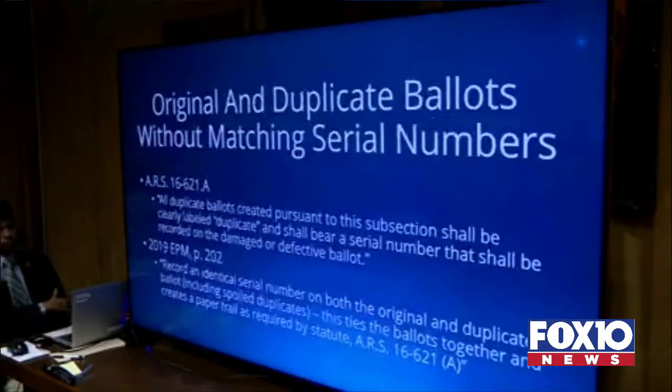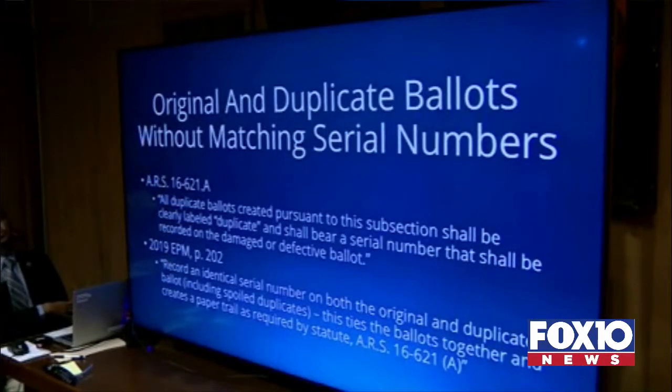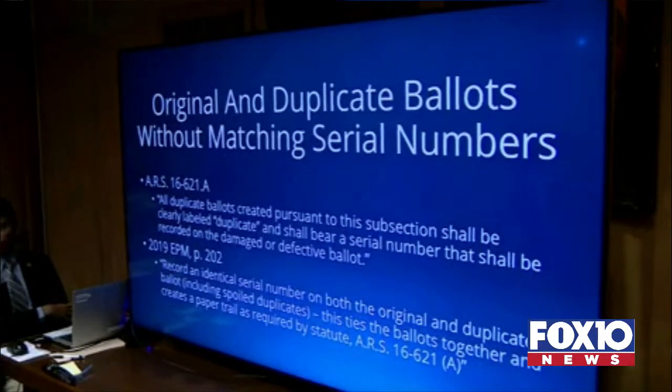Next slide. I hope you're seeing it, because I'm not seeing it: original and duplicate ballots without matching serial numbers. ARS 16-621A is very specific that all duplicate ballots created pursuant to this subsection shall be clearly labeled duplicate and bear a serial number that's recorded on the damaged or defective ballot, and the EPM says something very similar and gives one of the reasons, which is to tie the ballots together.